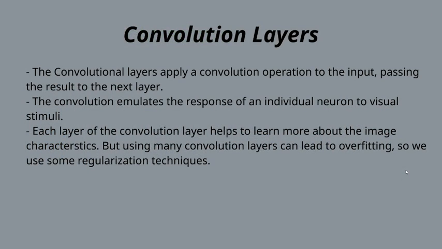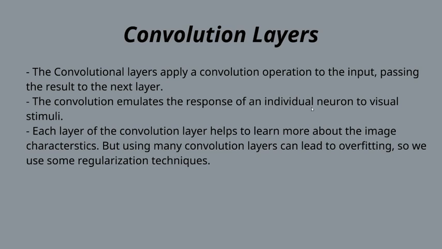Okay, so let's discuss the convolution layers. As I said, the convolution layer applies a convolution operation to the input and passes the result over to the next layer. The convolution layer emulates the response of an individual neuron to visual stimuli.